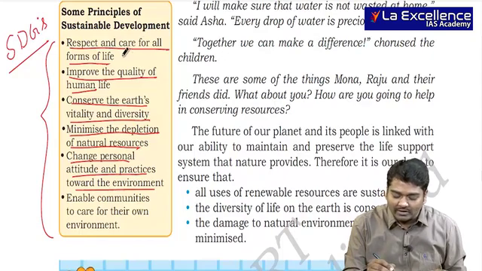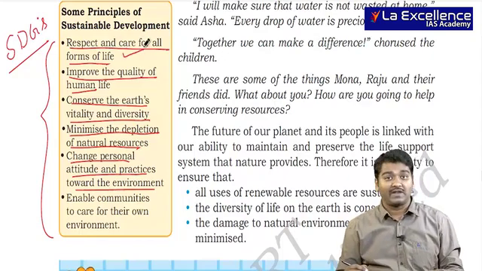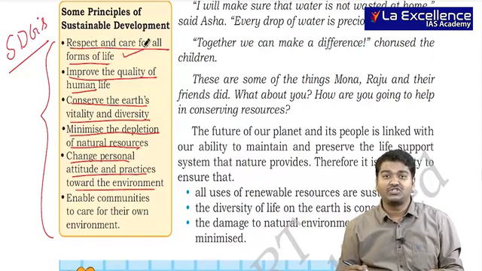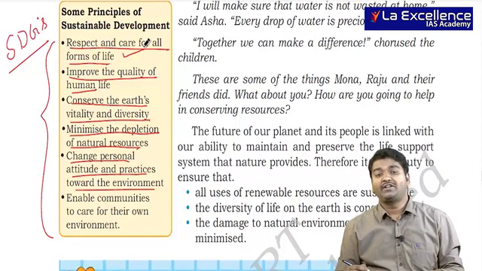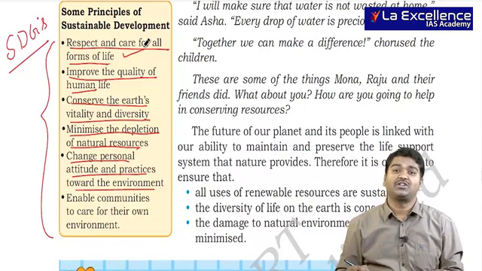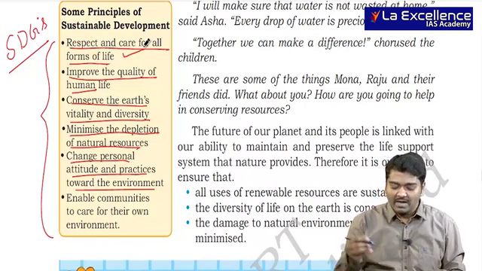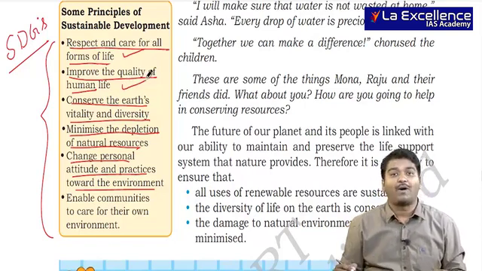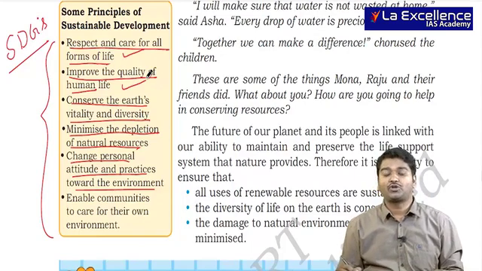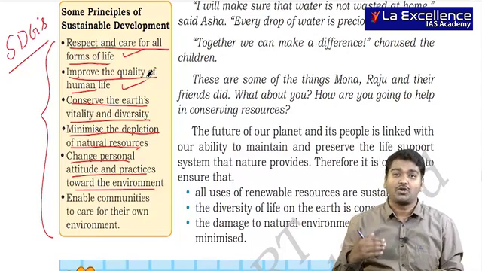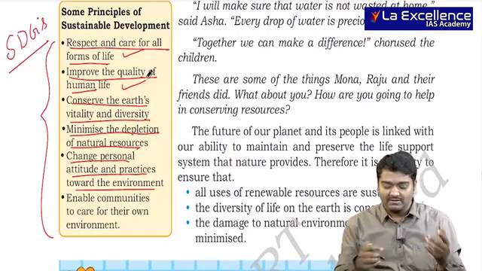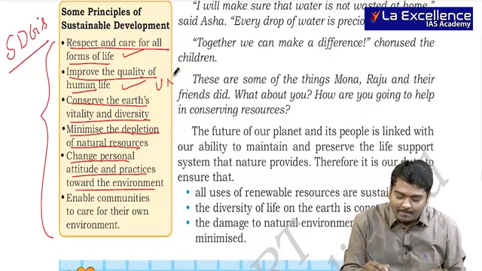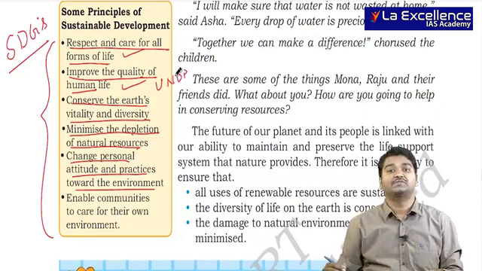When I am talking about respect and care for all forms of life, you have to talk about endangered species, vulnerable species, sites and other international organizations which are working to protect them. Next, when we talk about improving the quality of human life, you have to talk about how development alone is not required. You have to focus on poverty, health and other things, where the UNDP development concept comes into the picture.